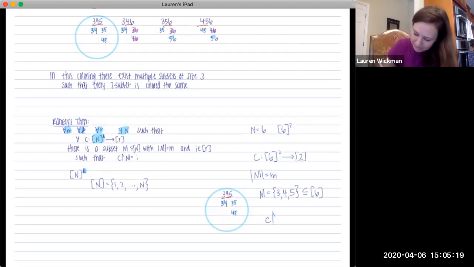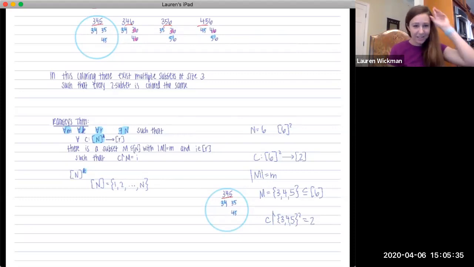If I restrict my coloring just to 3, 4, 5, all of the 2 subsets on 3, 4, 5, then I'm just going to get one color, which let's say blue was color 2. And that's all Ramsey's theorem is saying. It's just saying no matter what the m is, no matter what the k is, no matter what the r is, there exists an n big enough that this holds. And if you want to talk about how to find that n, or if you want to look at the infinite case, those are all applications of Ramsey's theorem, and we could go on with that further. But for now, that concludes this video. Thank you.